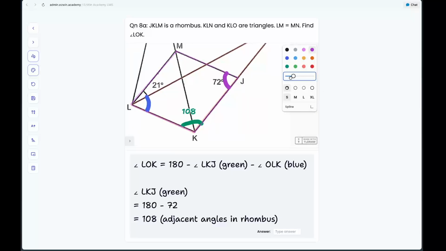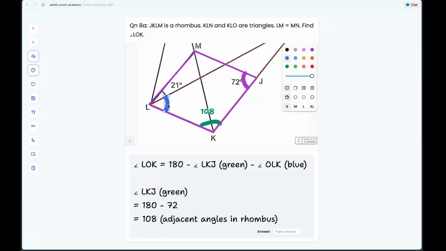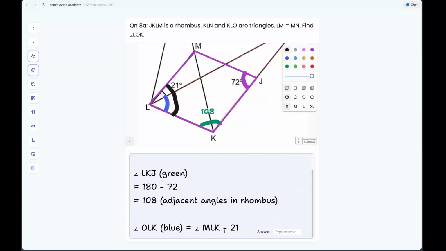The next thing is we want to find out this blue angle. To find this blue angle, we basically need this big angle, MLK, and then minus 21. So to find the OLK, which is the blue angle, MLK is black, right?